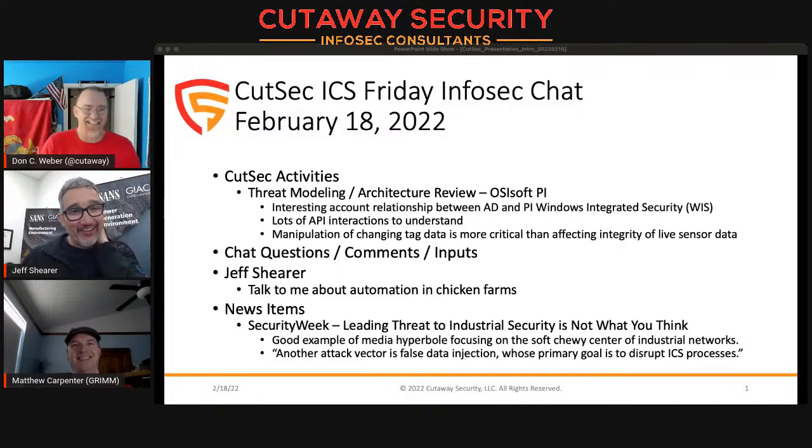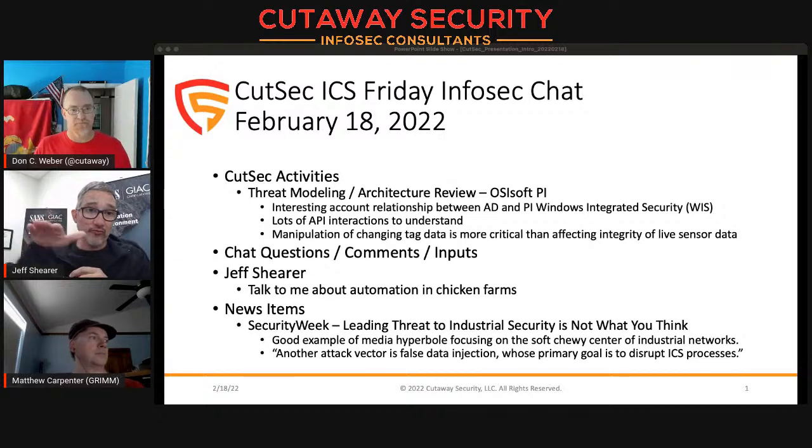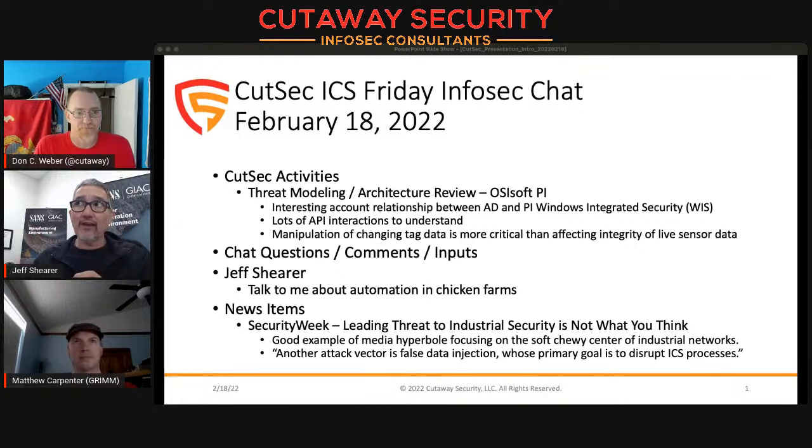So I act as an automation officer for a process cooling company, and it just so happens that they are in chicken plants or poultry plants and meat plants, and they also do government work to cool laser-guided all kinds of stuff. I try to make a very good point that we spend a lot of time on the energy sector and gas sectors, and I say, how many people actually eat poultry?